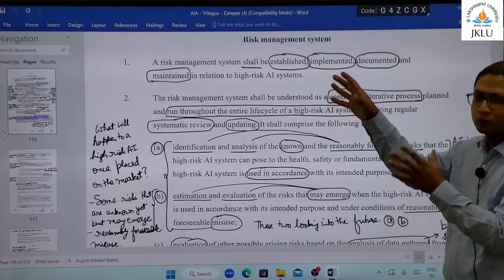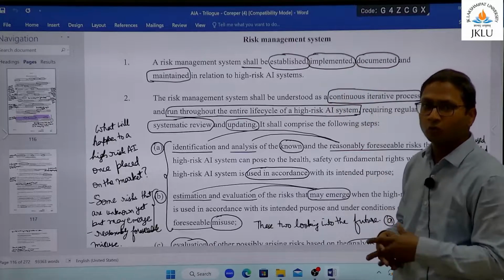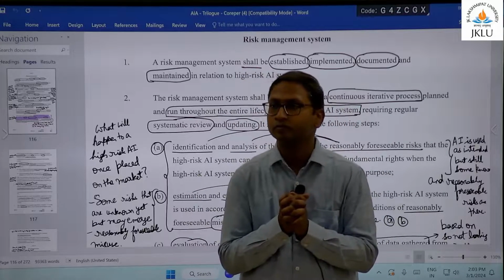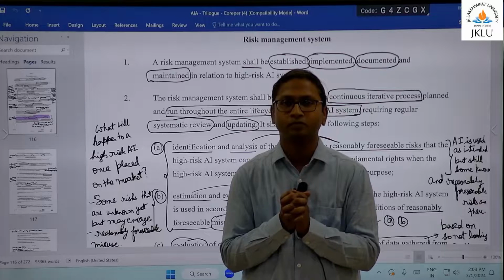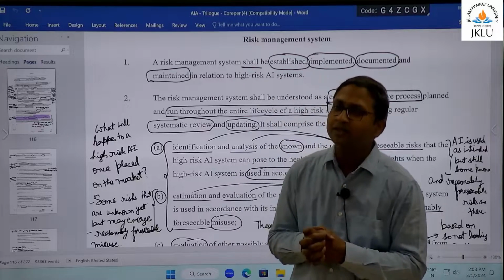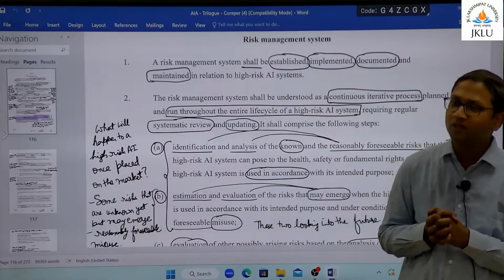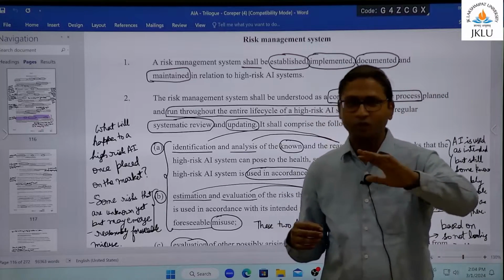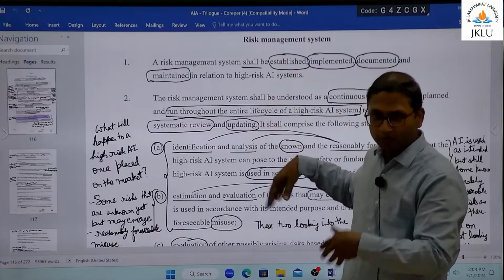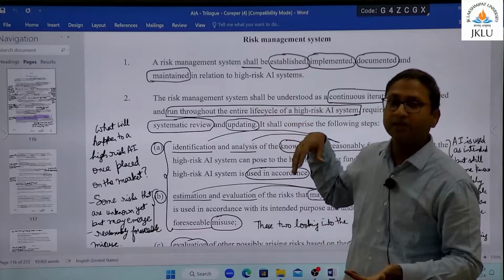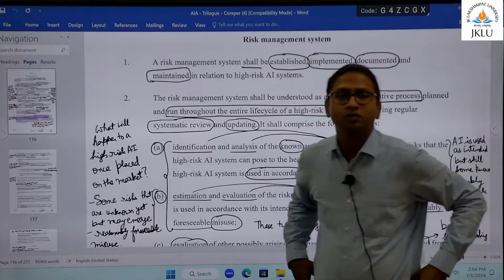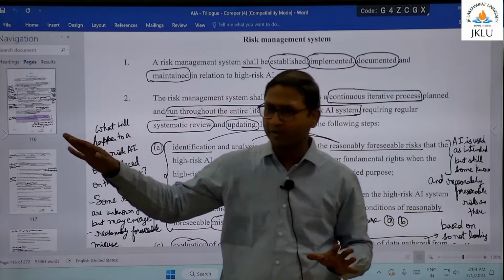So who is going to manage the risk? Who do you think is supposed to manage the risk? See, usually governments don't make regulations for themselves. They want to regulate something else. Of course, government will be included in some cases, but in this case they must be talking about the providers, mainly providers.